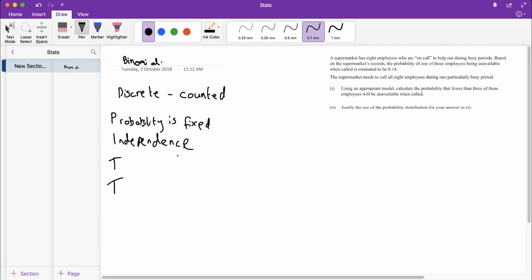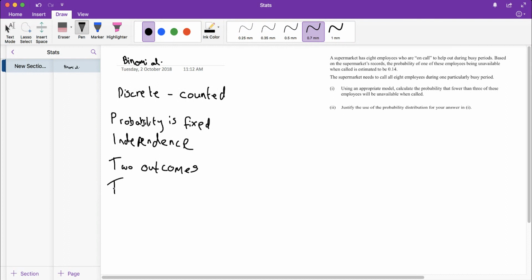And then the T stands for two outcomes. Binomial, bi means two. So two outcomes is my third condition.